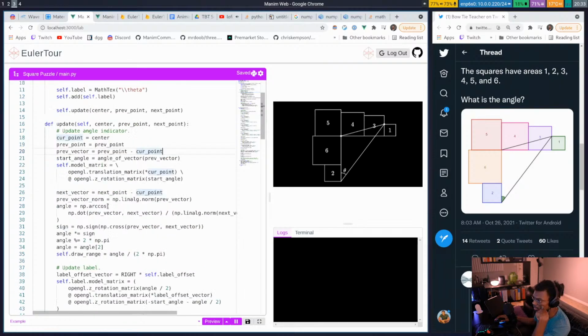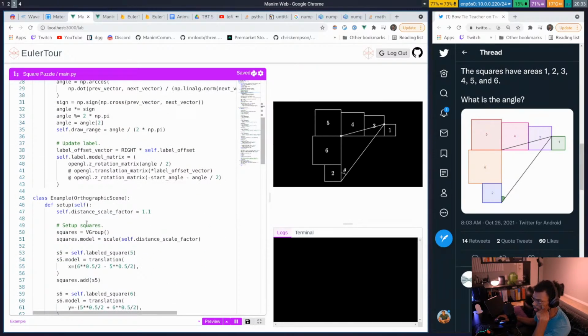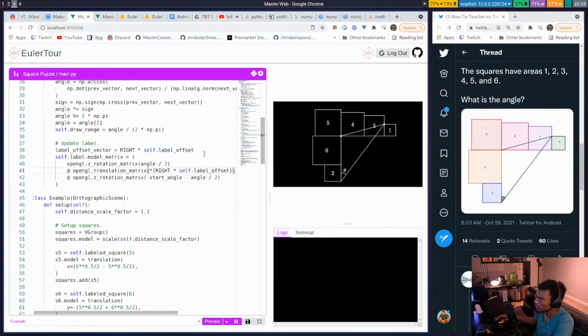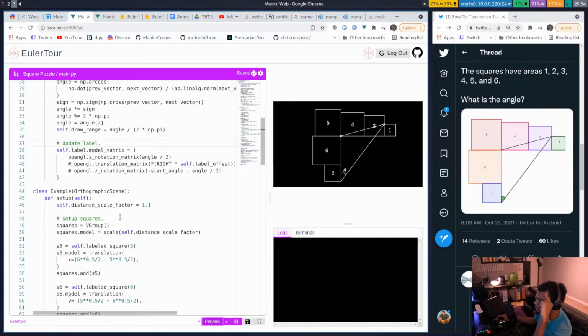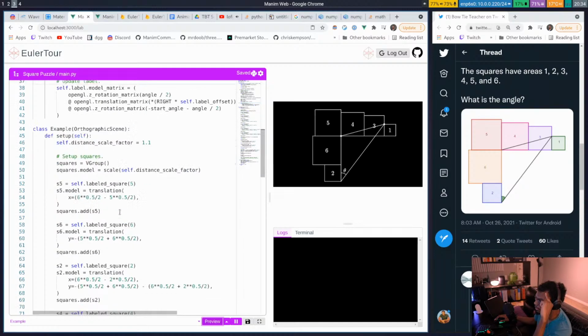So that solves the positioning. And this might as well. I should just paste this in. Okay.